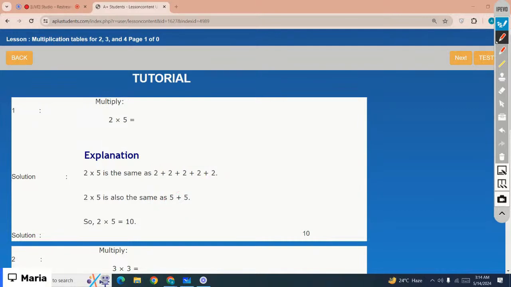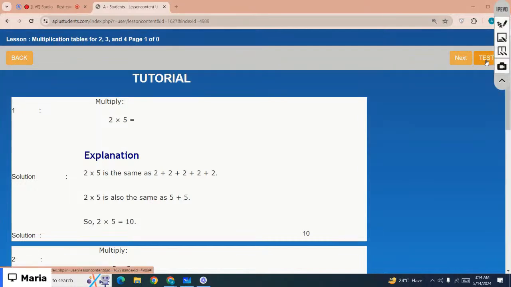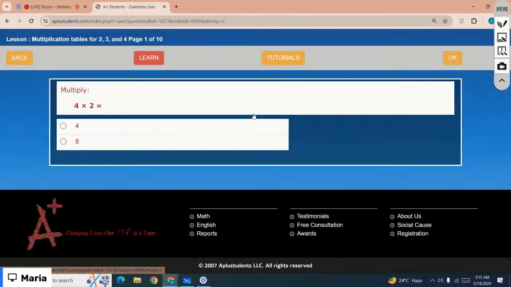Let's start with the test questions. 4 times 2, which is the correct option? You can add 4 two times or 2 four times.